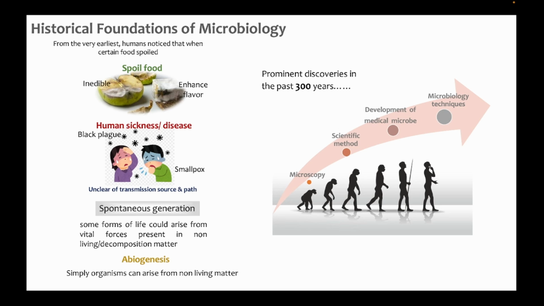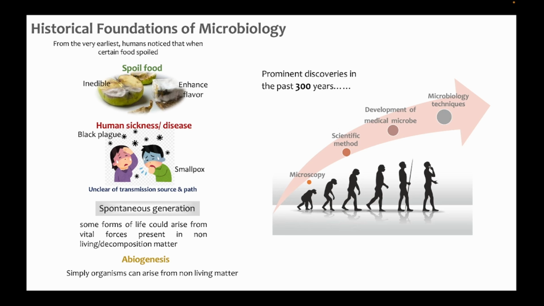So how did microbiology come about? In the past, they had this spontaneous generation or abiogenesis, because when they looked at something spoiling, a fungus or something growing on something, like if you have a floor, then you see suddenly algae or moss growing on it, then they think it's spontaneous generation.